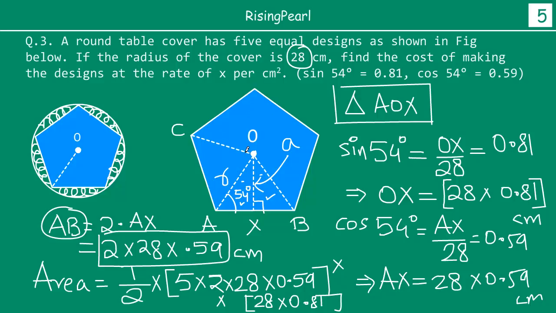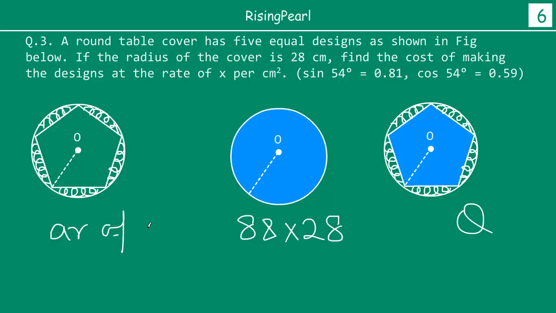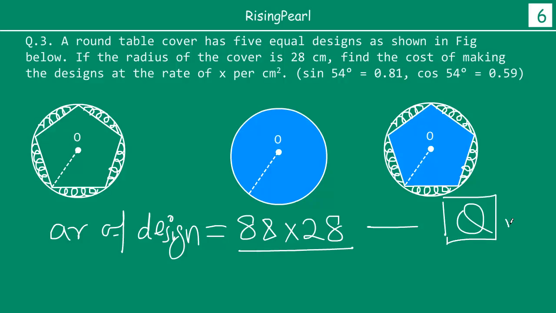Now we have found the area of the circle, and we have found the area of the pentagon. Quite simply, let's say the area of the pentagon that we just saw was Q. The area of the circle we saw was, I think, 88 times 28, and this is Q, and Q will have a value. So when you solve it, you will get a value. So the area of the design is equal to this area minus Q, which we know the value of.